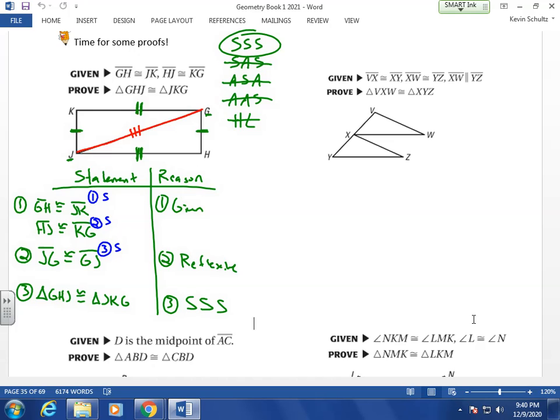So that's kind of what the proofs are going to look like here in PO24. You're going to be looking for what combination of corresponding parts, side, side, side, side, angle, angle, angle, side, or HL, can we use to prove the triangles are congruent. That's the lesson for today.